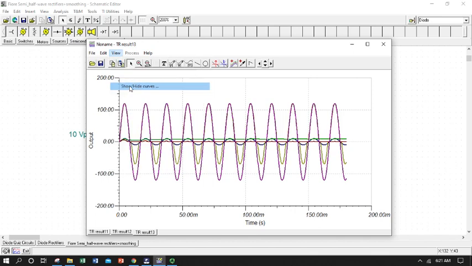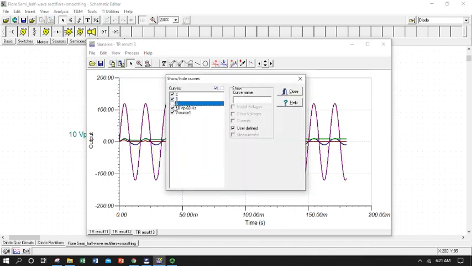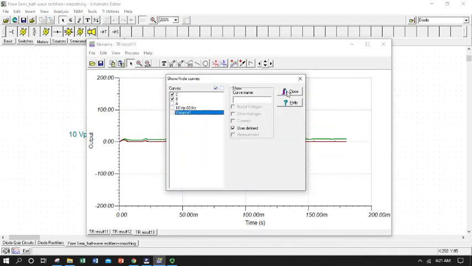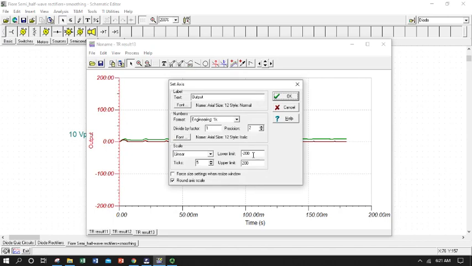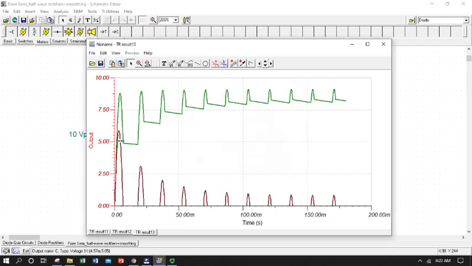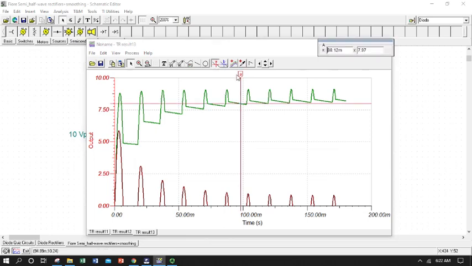So if we were to redo this analysis and give it a few more periods, and go back and display, and we'll show both the capacitor charging current and our load this time. And we'll see that basically we get to a point where the capacitor charges as much as it's going to, and now it's holding the load with a much higher average DC voltage.